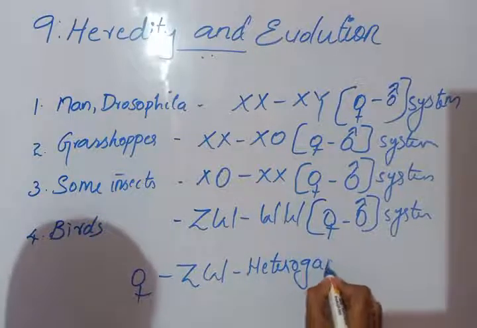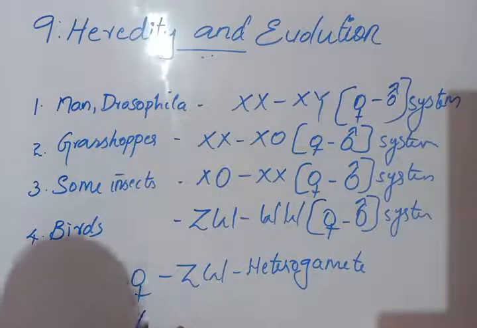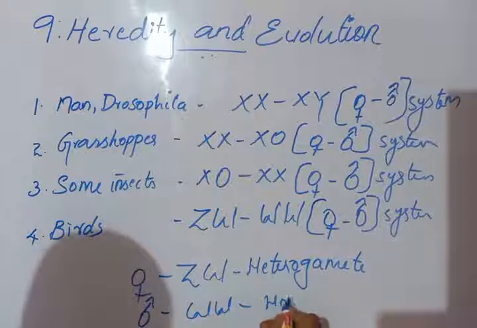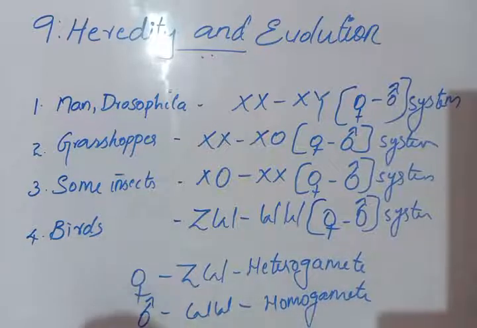So the female is responsible for the sex of the newly born child and the male is homogamete. So simply you can easily understand that whichever parent has the heterogamete is responsible for the determination of sex of the child.